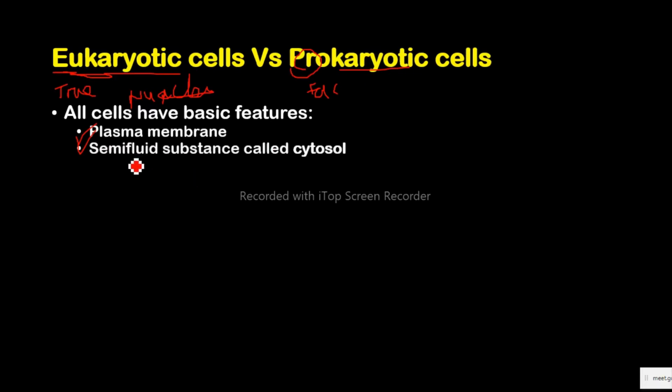They all have that same fluid substance called cytosol. It is this fluid that is embedded within a membrane, and it is the one that has the organelles found within this cytosol.